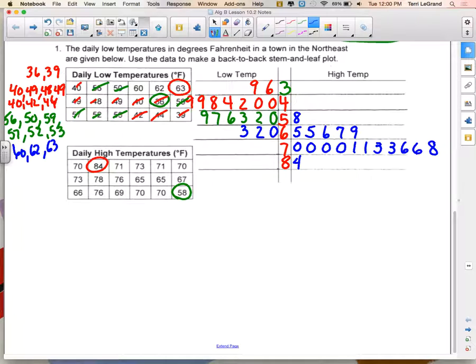Again, that table is a 6 times 3, 18. We should have 18 leaves when we're done. If you have questions, get your hands up. If you're done, see if you can make a key. Remember, you need a key that tells them how to read it forward and backward.